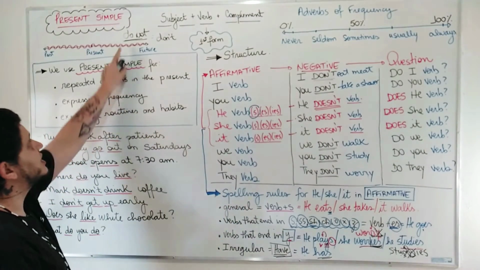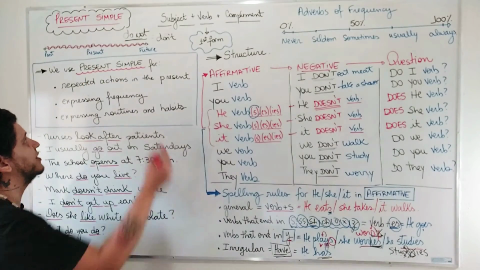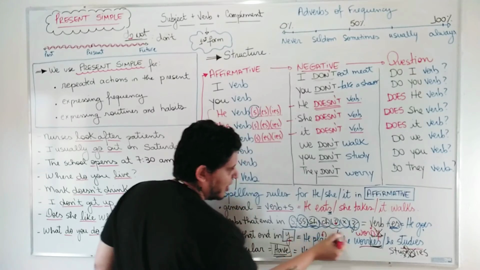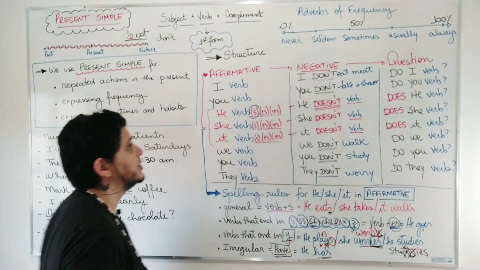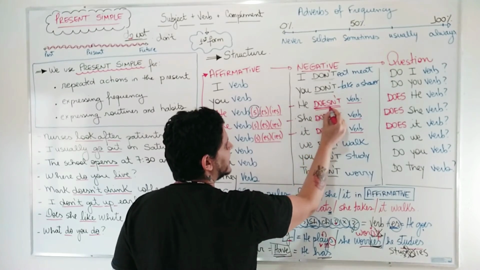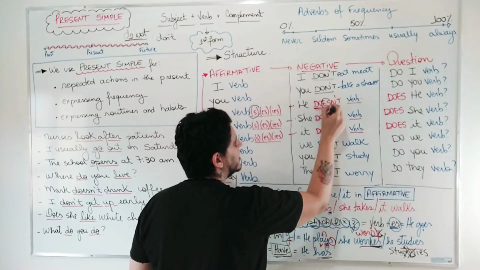So I need to change not the verb, but the auxiliary. Instead of using do not, I will do exactly what happens with a verb that finishes in O. Remember, when it finishes in O, we add ES to the verb. So instead of using do, we will use does. Can you see that there is an es here?